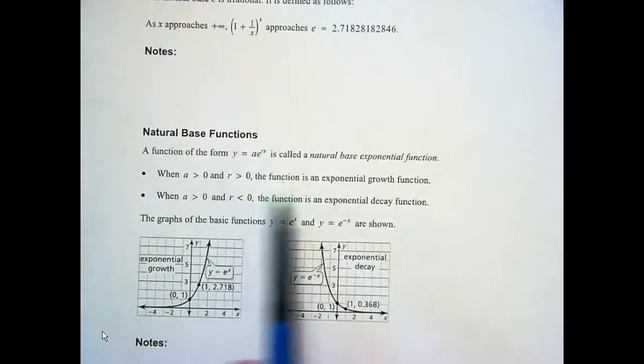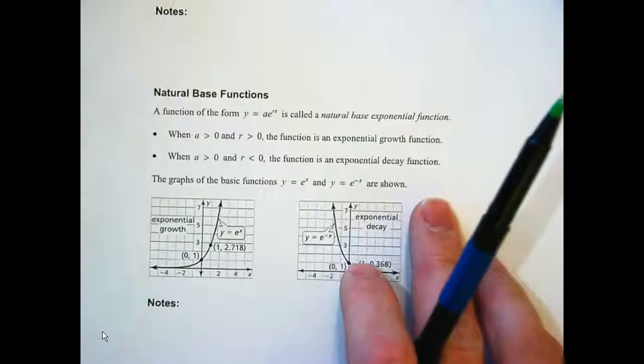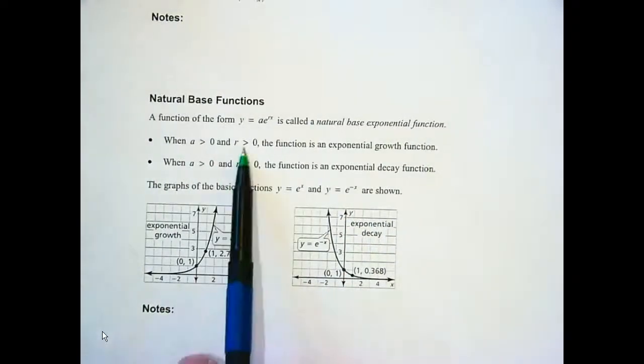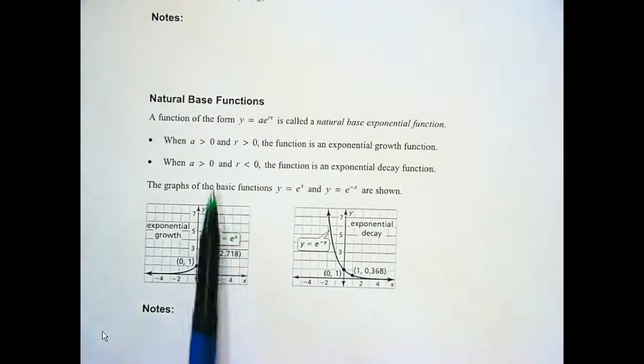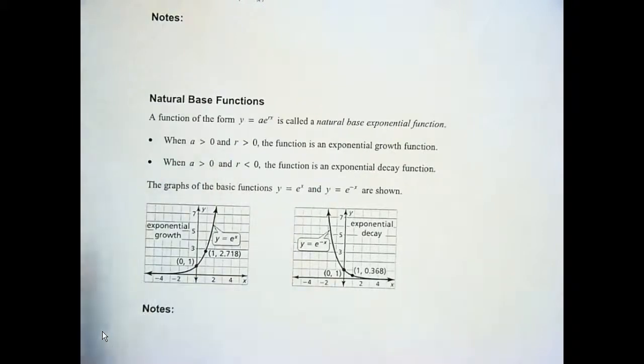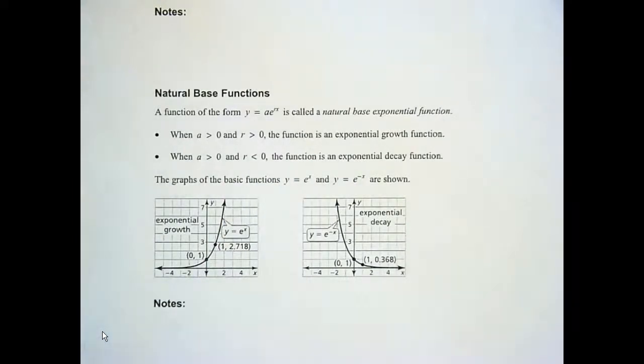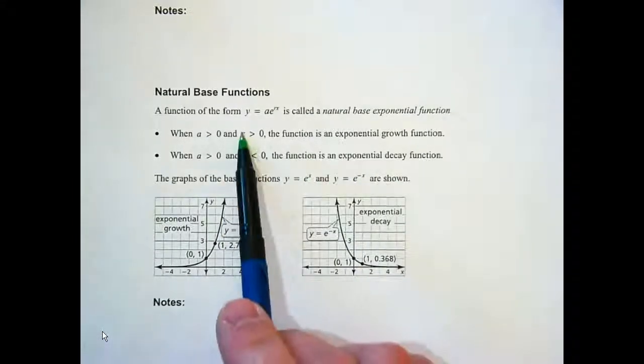We still have the same kind of rules on our a and r terms. When a is greater than 0 and r is less than 0, the function is a decay function. If r is greater than 0, it's growth.